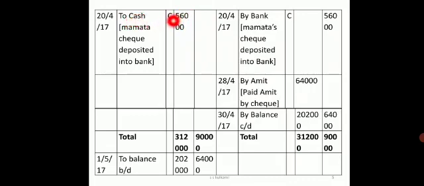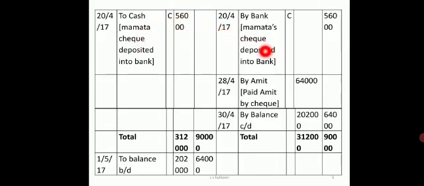So I will write in the ledger folio C, that represents the contra entry. Immediately on the same day cash is going out, or it is reduced. So your journal entry will be bank account is debited to cash. So cash is credited by bank. In the cash column I will write 56,000, and when cash is deposited in the bank column I will write 56,000.